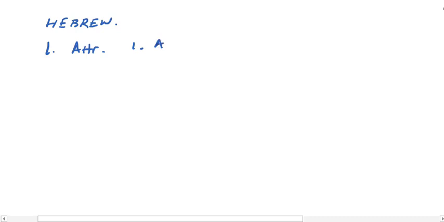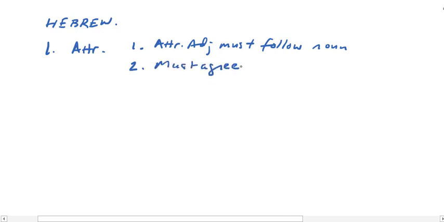Number one, the attributive adjective must follow the noun it modifies. And secondly, it must agree in three ways with the noun that it modifies.